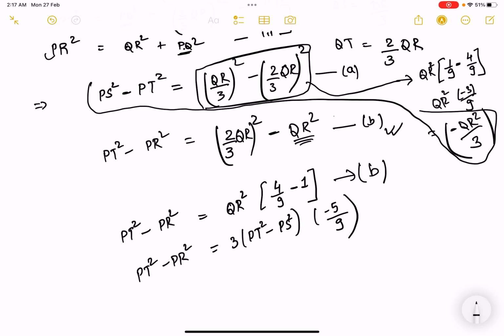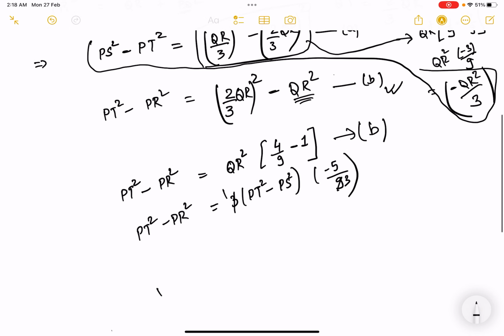So again solving this, we will get PT square minus PR square is equal to, we multiply by 3 and have minus 5 times PT square minus PS square.